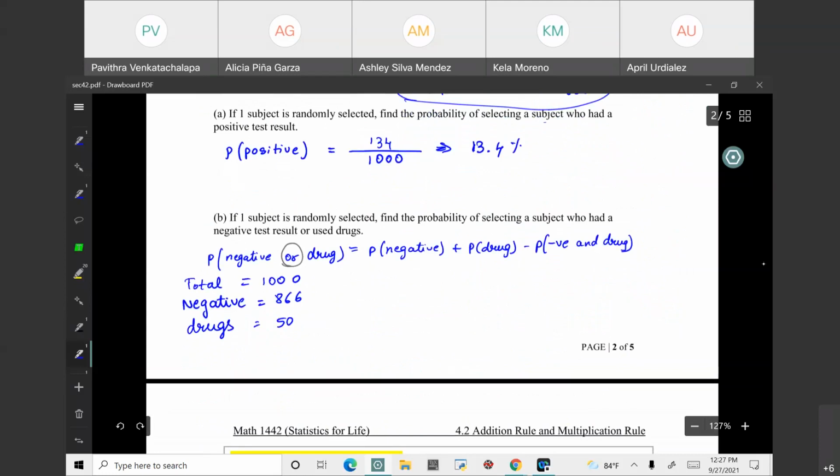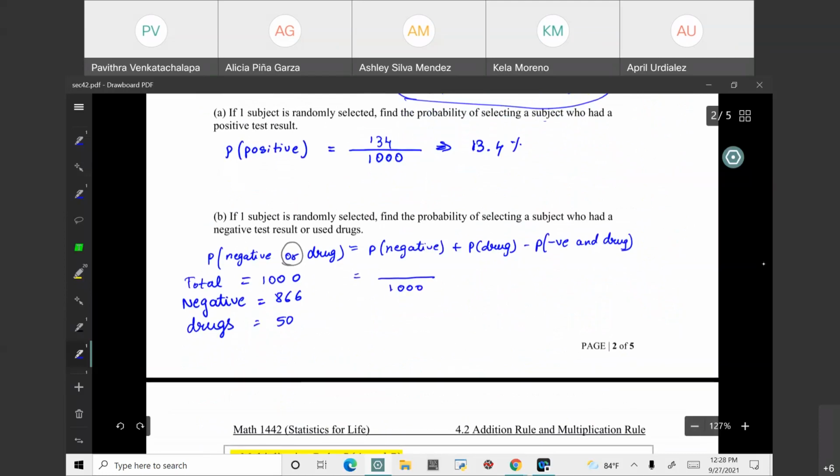Now we know the probability formula is favorable outcome by total outcome. So the probability of negative is how much? The total is 1000 for all three. Out of 1000, 866 tested negative. Plus probability of drug, 50 by 1000.